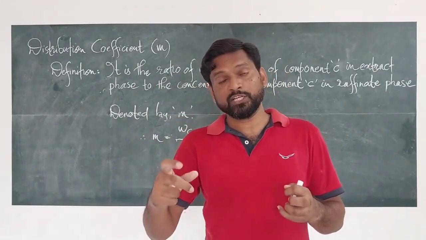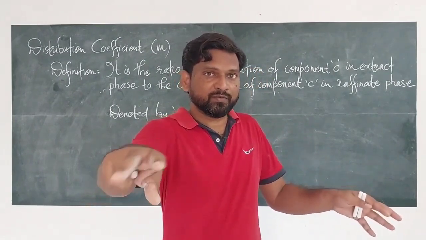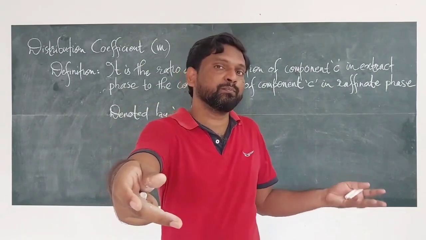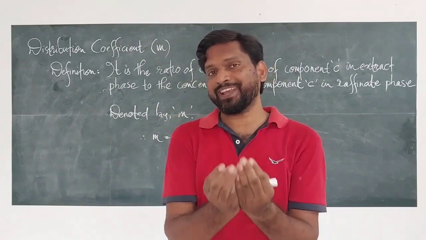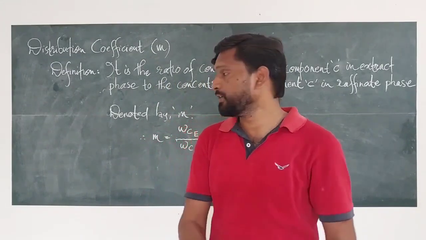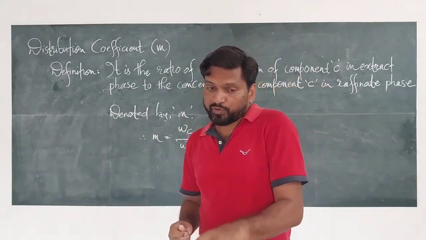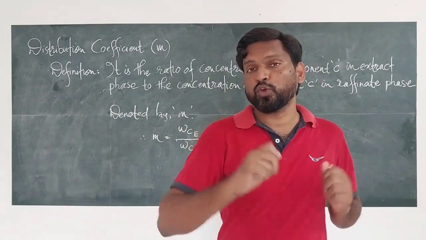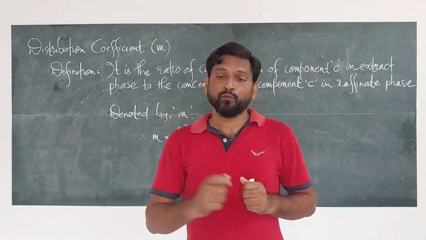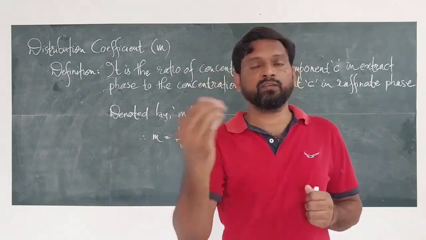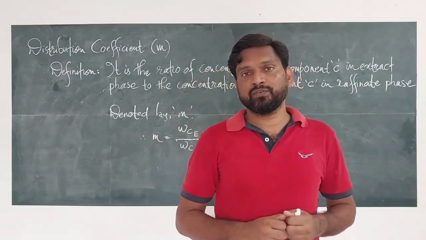So C, the solute, distributes in two solvents, one carrier liquid A and another solvent B. So this distribution has to be expressed in terms of distribution coefficient. When C is distributed among those two solvents, solvent A and solvent B, when it goes in solvent A, it will be the raffinate phase, and when it goes in solvent B, it will be the extract phase.